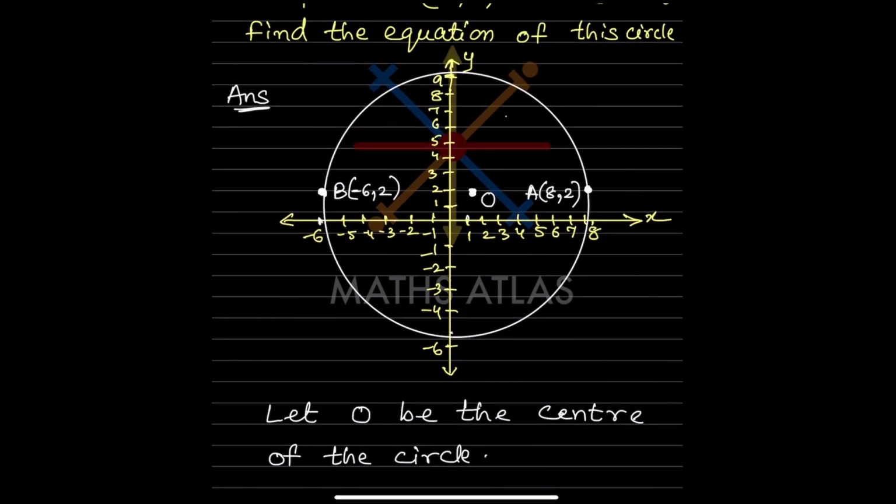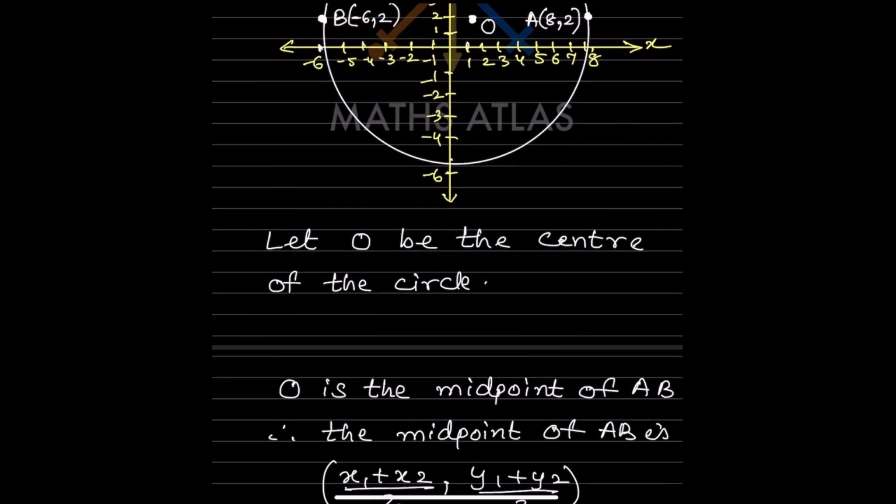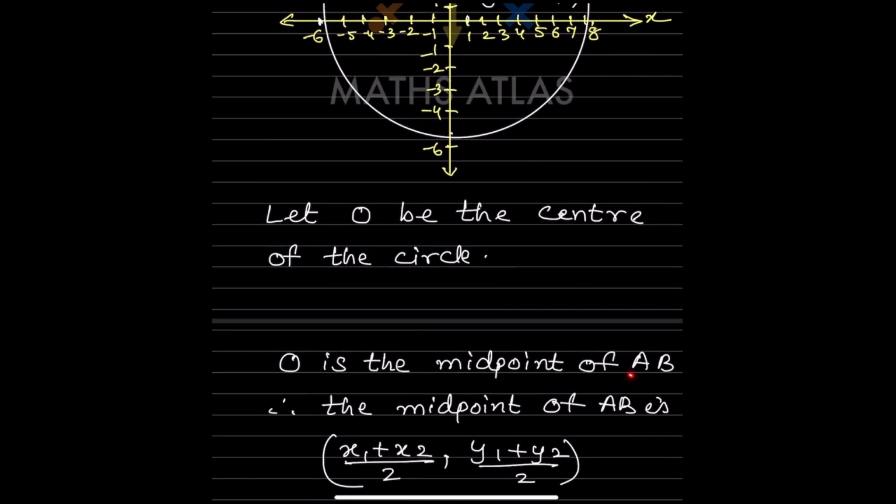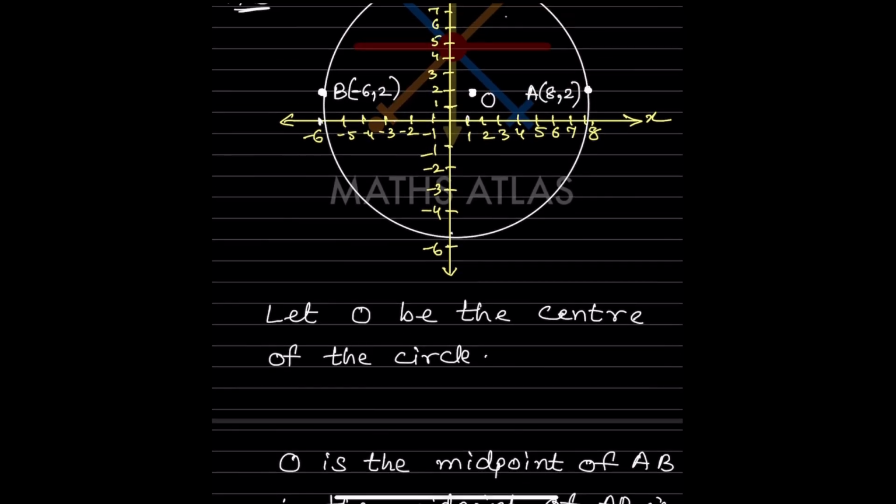So now here, this O, this is the point, because these are the points here. So O is going to be the center of this. So we can say O is the midpoint of AB. Whenever O is the midpoint of AB, now what will you do? You know the formula, that you can consider this as x1, y1 and x2, y2.